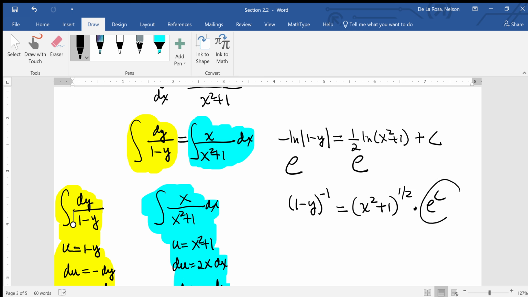And then again, I'm going to call this c. It's a constant. It could be c1, but I'm going to call it c.